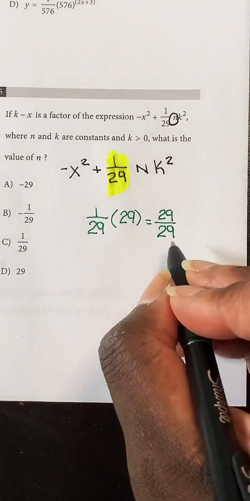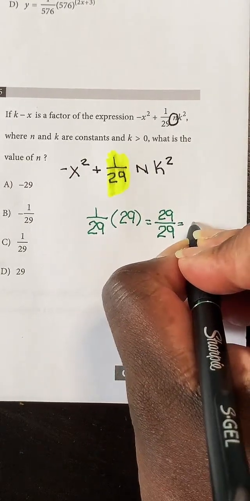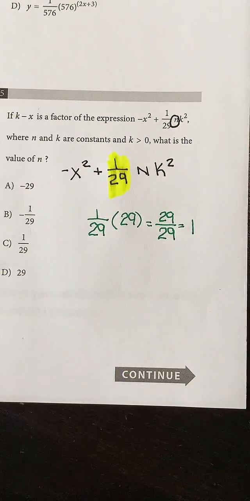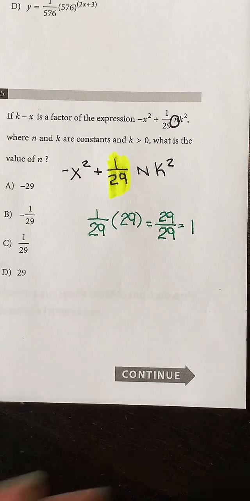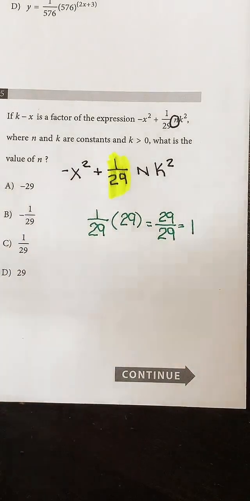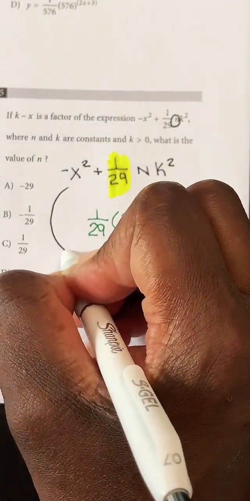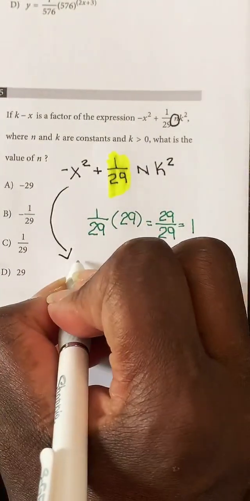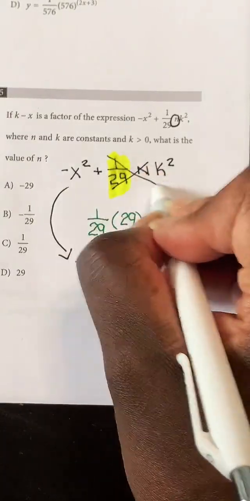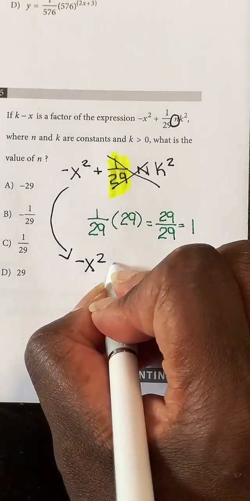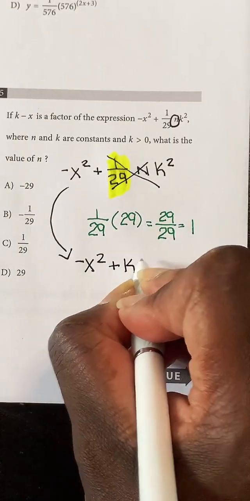And what's 29 divided by 29? It'll give us a 1. And we all know anything times 1 is going to be itself. So what we actually have from up here to come down here is a negative x squared. This bad boy is gone. Then we have a plus k squared.